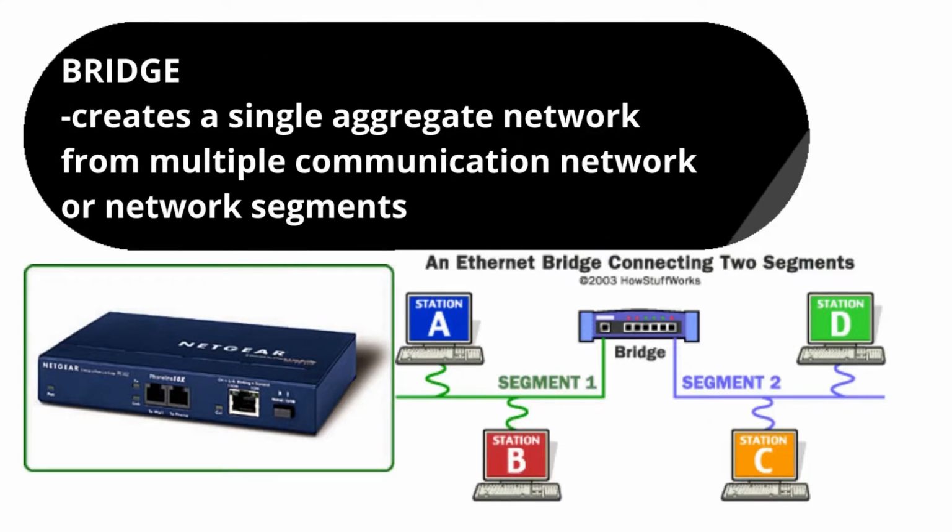We have station A and station B for segment 1, and for segment 2 we have station C and station D. Those are what we call segments from the bridges.